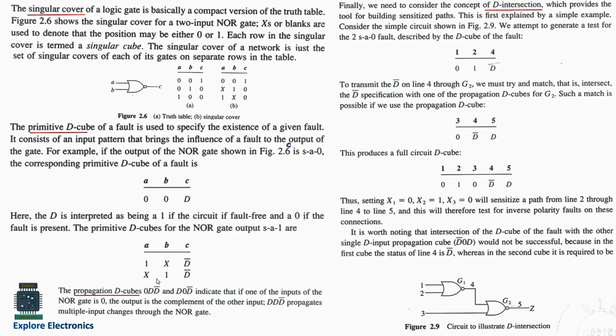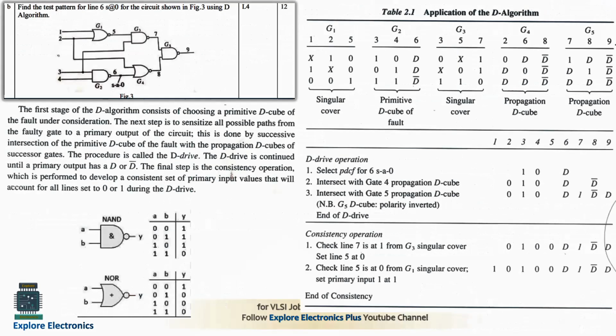Means we need to take the set of inputs in that way. So here also for the NOR gate, you can see if one of the input is 0, the output will be complemented to the other. So we need to take these three. So the output will be D bar, D bar, D bar for these three combinations.